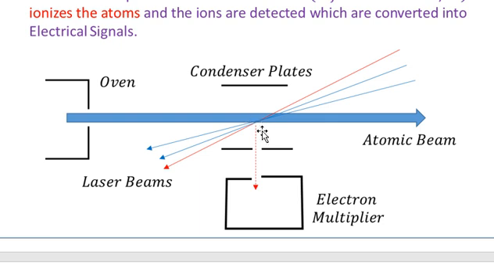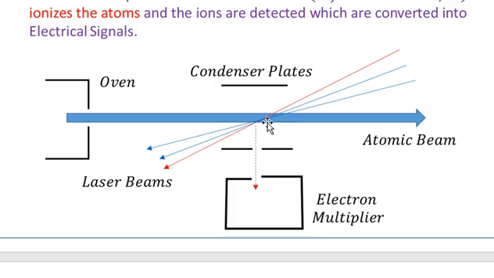And you see that at the point of illumination, or at the point where the beam is being excited, we have placed condenser plates, and we can very selectively provide specific values of the electric fields, and we can ionize a specific state of excitation in the atomic beam.